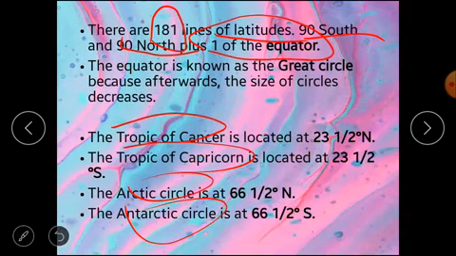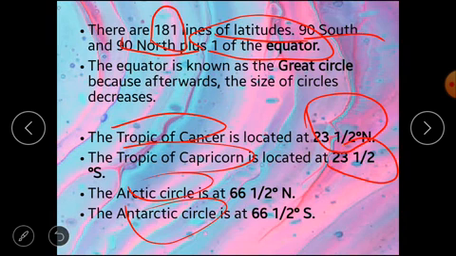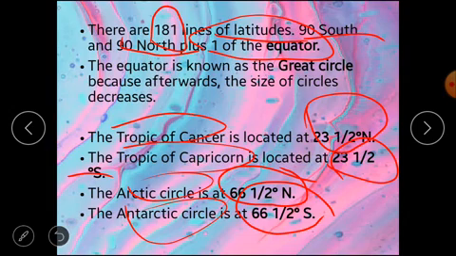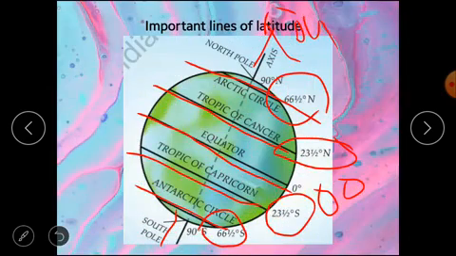So the Tropic of Cancer 23.5 degree north, Capricorn 23.5 degrees south, the Arctic Circle 66.5 degree north, and the Antarctic Circle 66.5 degrees south. There are a total of 181 lines. These are some important ones that you have to remember.